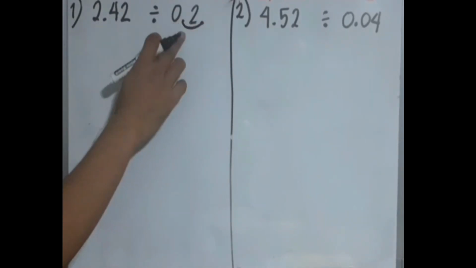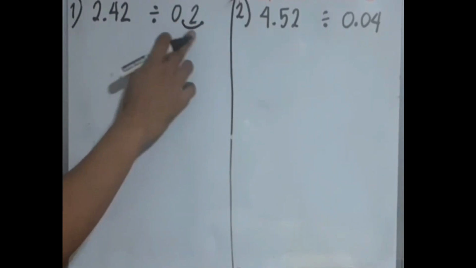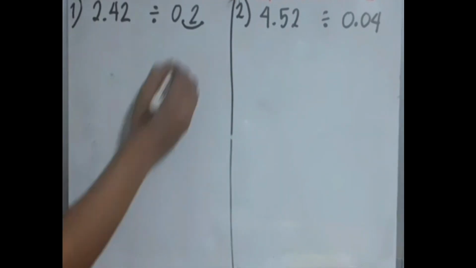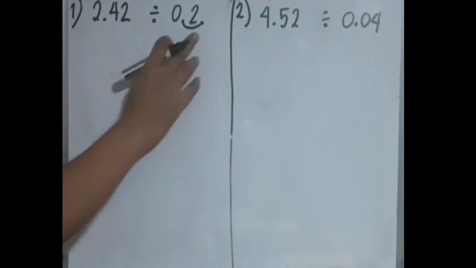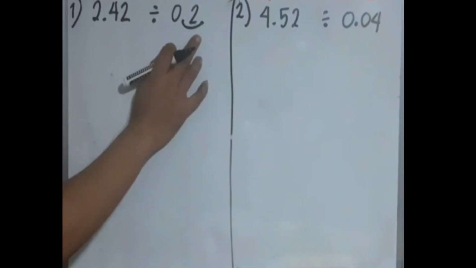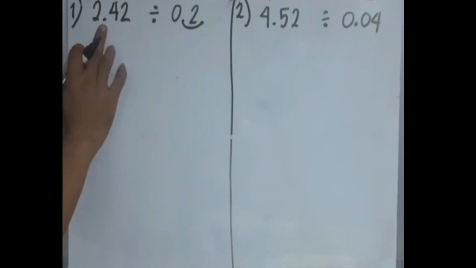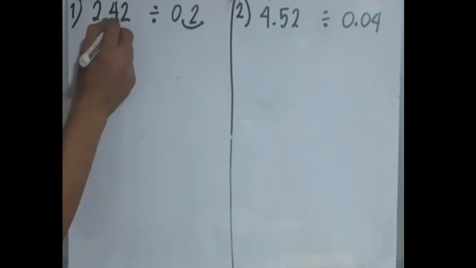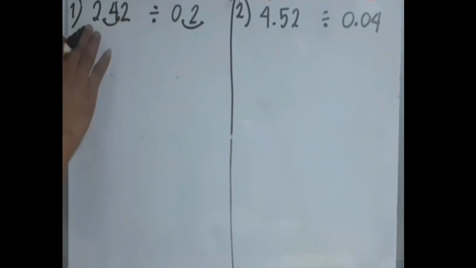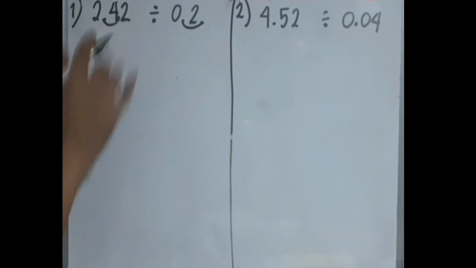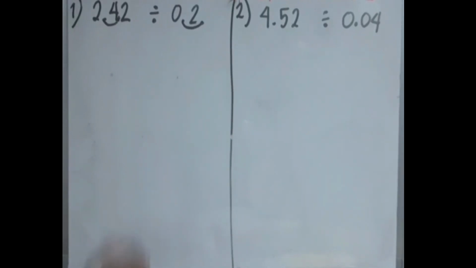So, instead of having 2 tenths, it will become now 2. Then, since we move the decimal point in our divisor once, we need to move the decimal point in our dividend also once. So, let us move. So, it will become now 24 and 2 tenths. Now, let us divide using the long division method.